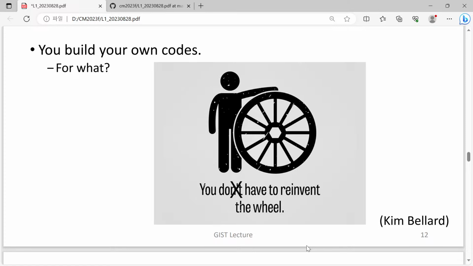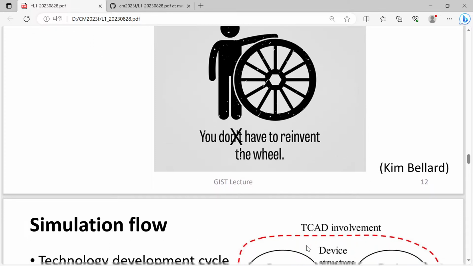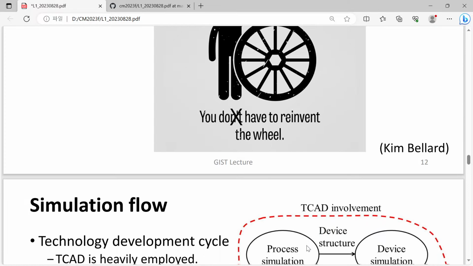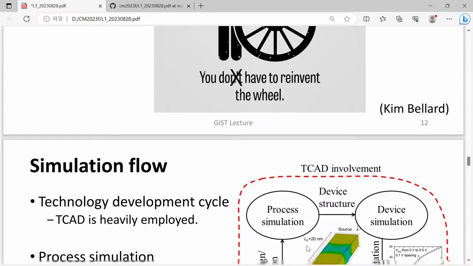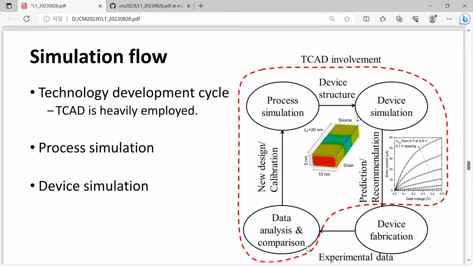For what? By doing this kind of exercise, you will understand what is important in this field and you will fully understand the internal procedure behind your TCAD tool. Then you have some analytic capabilities to understand the result of your TCAD result. Okay, so now let's go into more detail about TCAD.